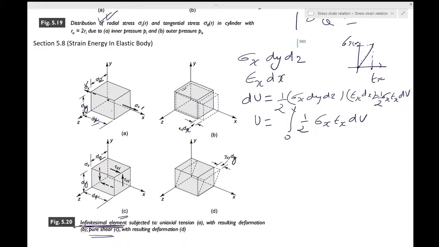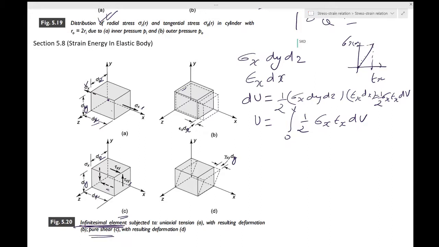Okay, it seems to be okay. So this is tau xy acting on the x face in the y direction, and this is acting on the y face in the x direction. So technically it should be tau yx, but tau xy and tau yx are the same, so it's okay. Similarly, the dashed arrows also show the stresses on the other two faces, which we cannot see from this view. So this is a situation of pure shear.